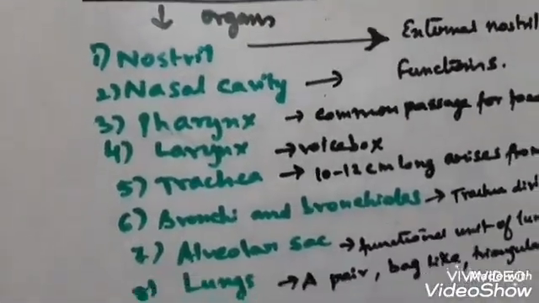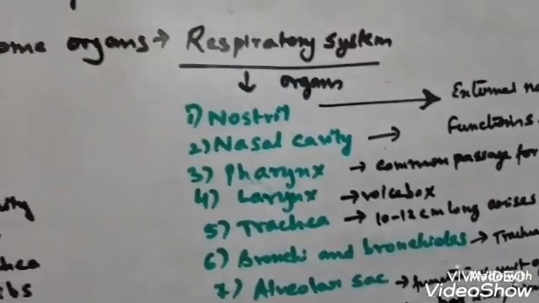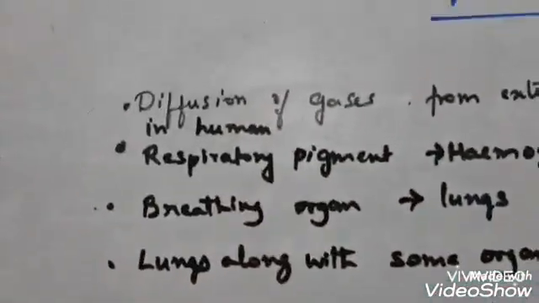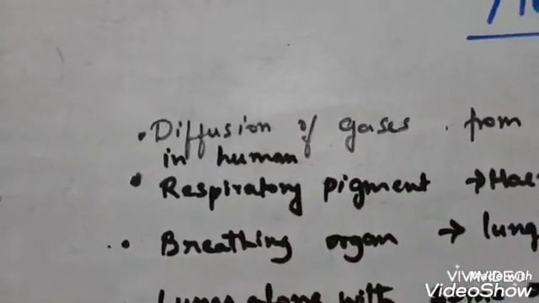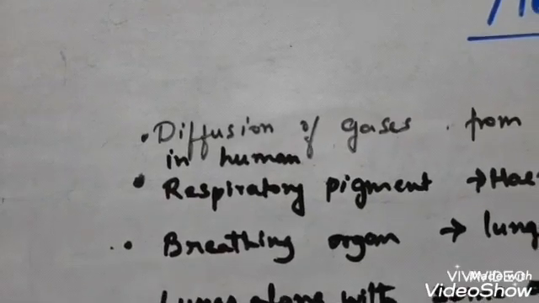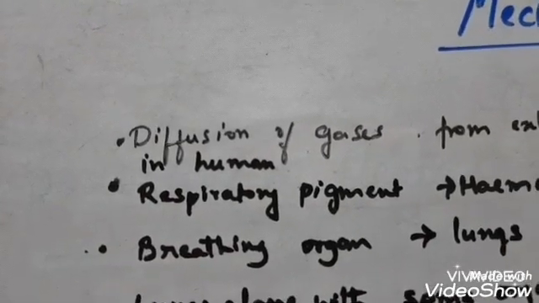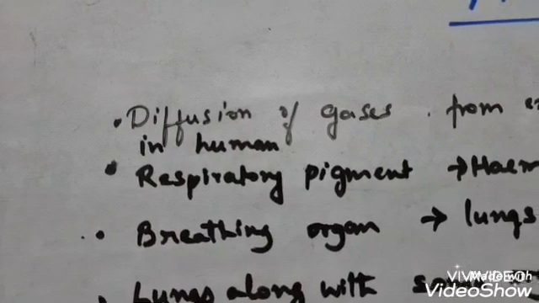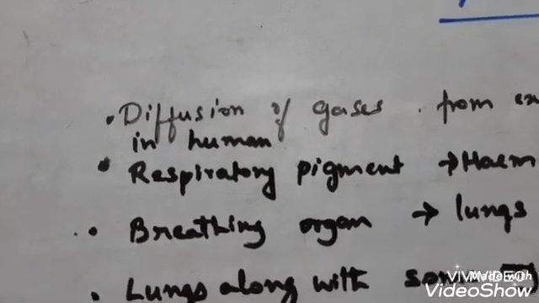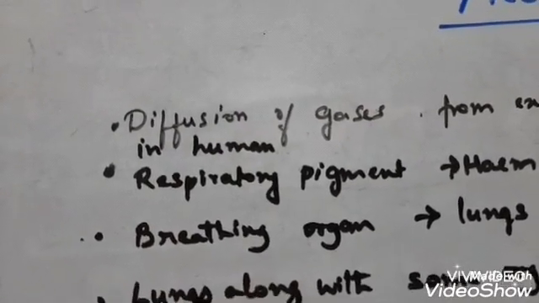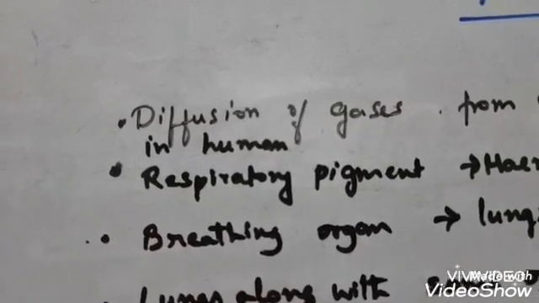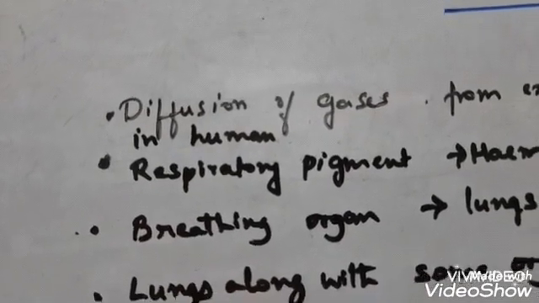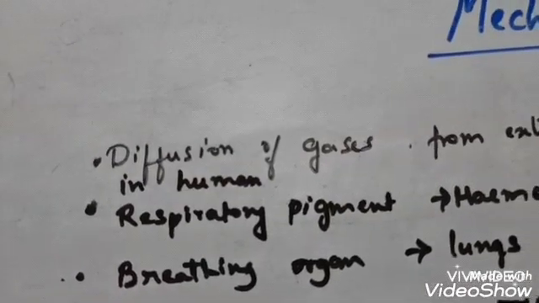Before that I would like to tell you something about the respiratory pigment. Now in our blood, you know, blood is the fluid connective tissue that connects the various parts of our body through blood vessels and transports various hormones, nutrients as well as respiratory gases. Now there is a respiratory pigment in our RBC. The respiratory pigment is called hemoglobin.